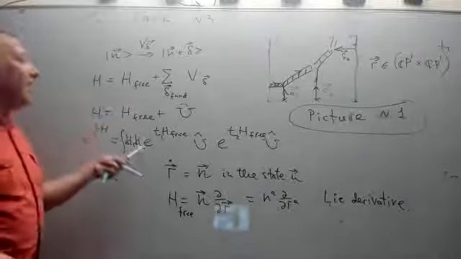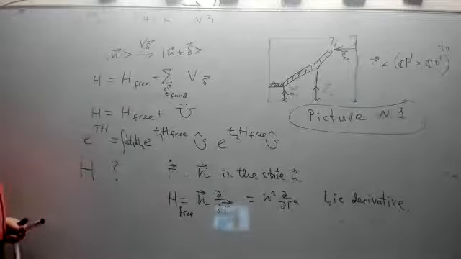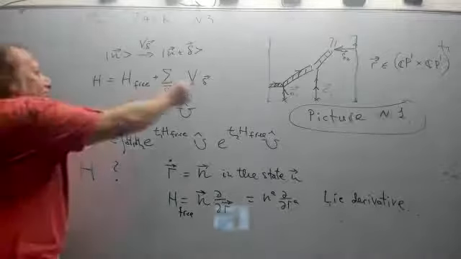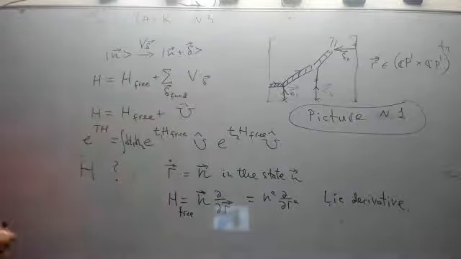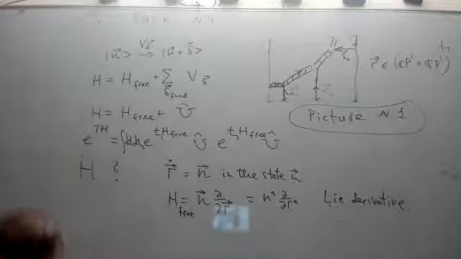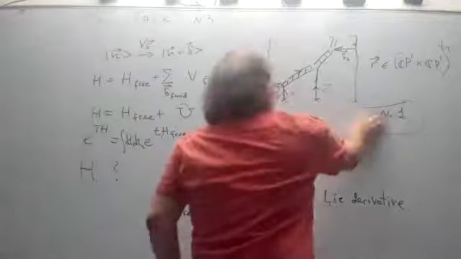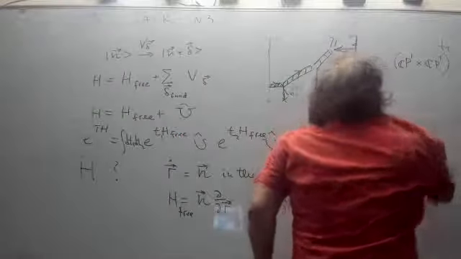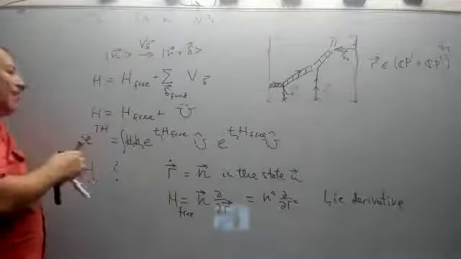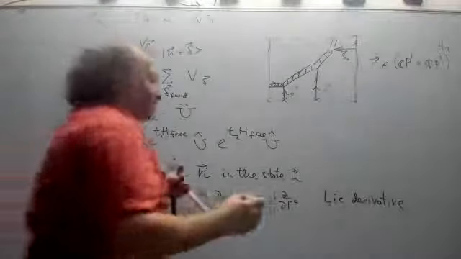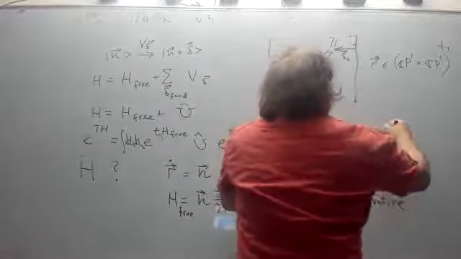So here I am applying this to this model. H0 plus interaction. And interaction changes momentum. So once again, people who studied, say, quantum electrodynamics or scattering theory maybe remember this picture.